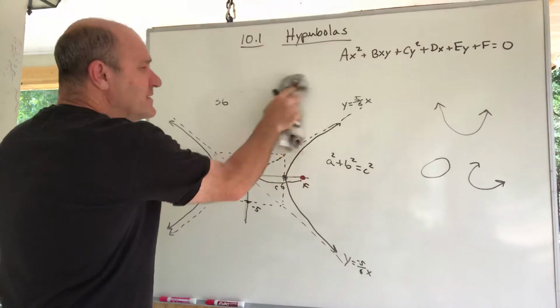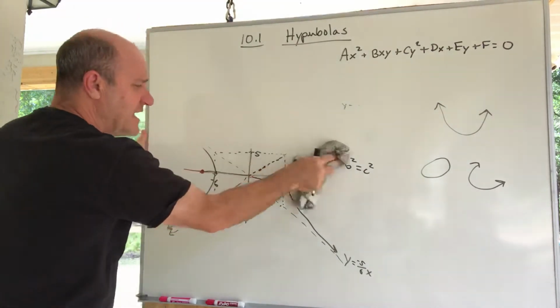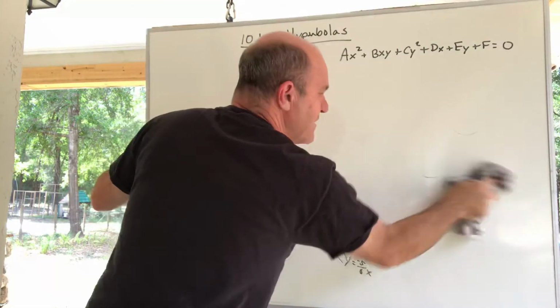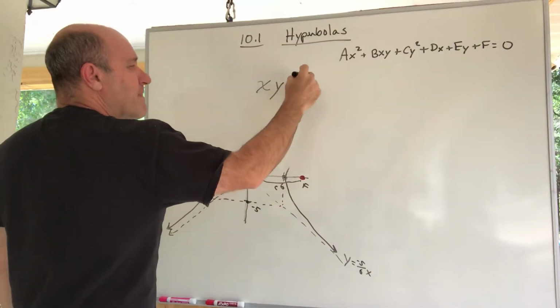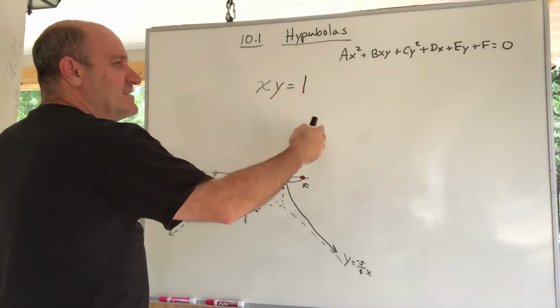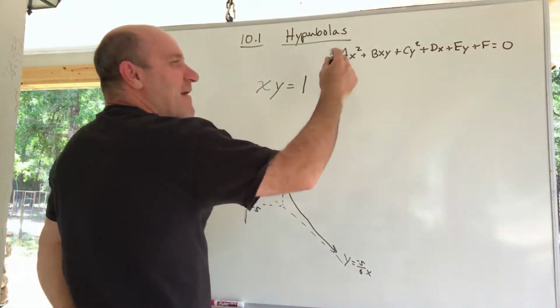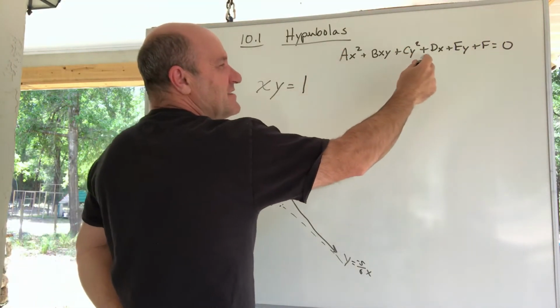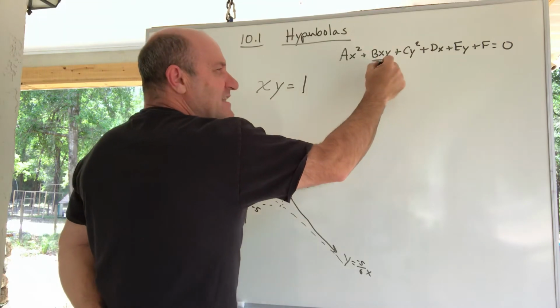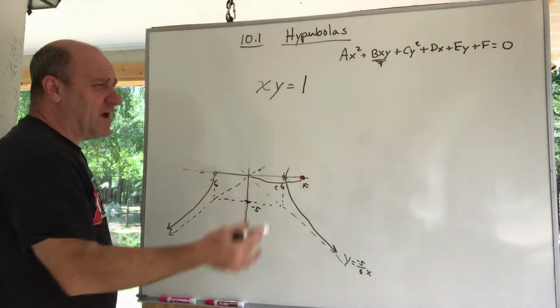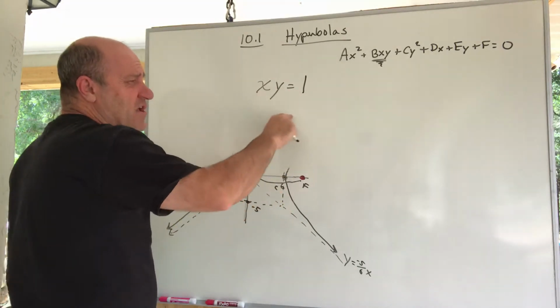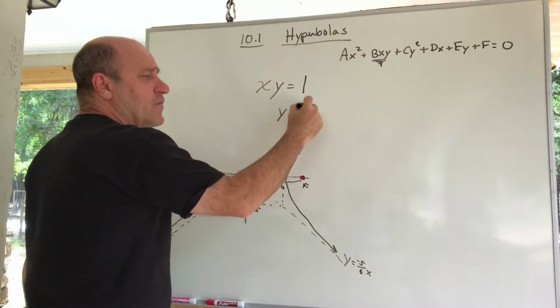I'm getting rid of this. I wanted to say that this famous equation is one of these, where A is 0, C is, everybody's 0, but B is not 0. So this is a rotated conic section. Now, we don't usually think of it like this. We solve for y, and we look at y equals 1 over x.